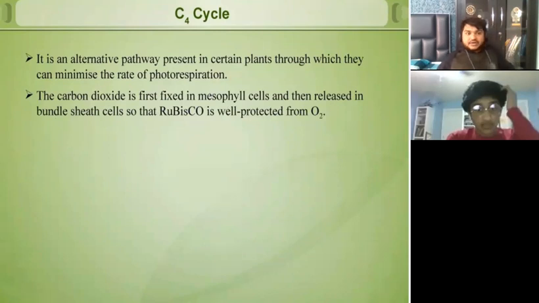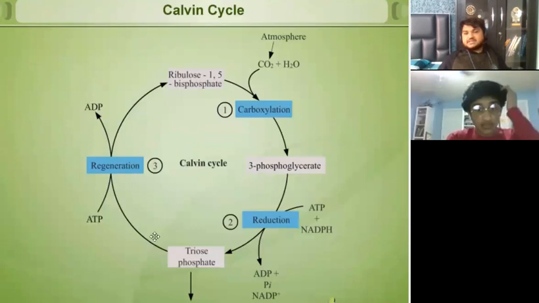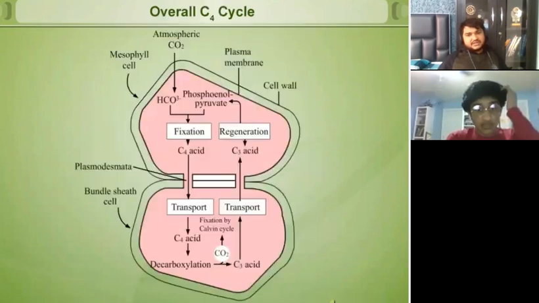The cycle which you just saw takes place in the mesophyll cell only: carboxylation, reduction, and regeneration. But the C4 takes place in both cells. You can see the mesophyll cell and the bundle sheath cell, and they are well connected with plasmodesmata. Like one cell has a connection with the other, and this is called plasmodesmata.